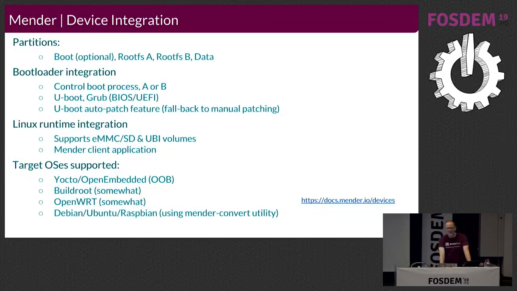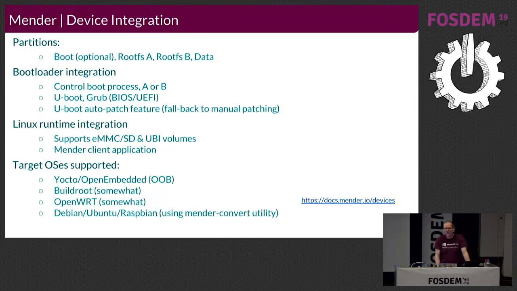As far as actually implementing the bootloader integration, that tends to be the most development-heavy activity when you are integrating Mender into your build. So if you're using U-Boot, GRUB, or GRUB on top of U-Boot, that's pretty much automatic. It doesn't require any source code modification of either U-Boot or GRUB, which is great because that's where it gets problematic.